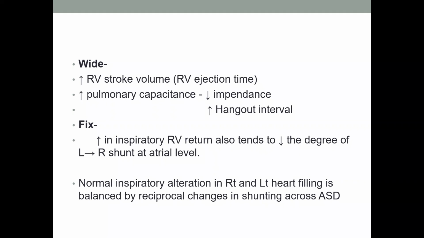In most diseases, it is the pulmonary vascular resistance versus systemic vascular resistance which decides the flow. In ASD, it is RV and LV compliance, because the next chamber is the RV and LV. But in VSD and PDA, it is pulmonary vascular resistance versus systemic vascular resistance.